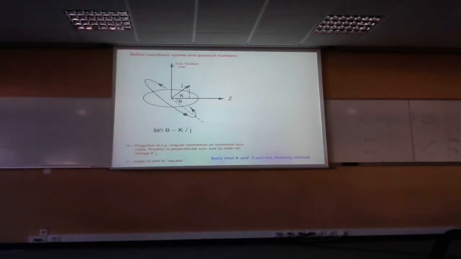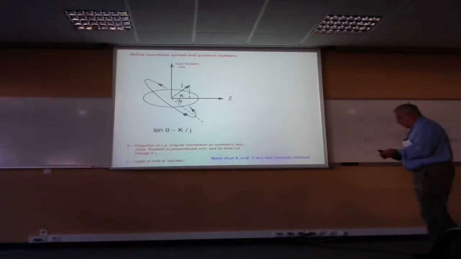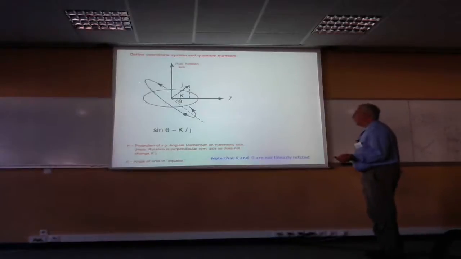Okay, so I want to define a coordinate system. So here again is our nucleus. Here is the z-axis, the axis of symmetry. Everything is symmetric around that. And here is the orbit of a particle. So imagine I have a particle going around the nucleus in this direction.